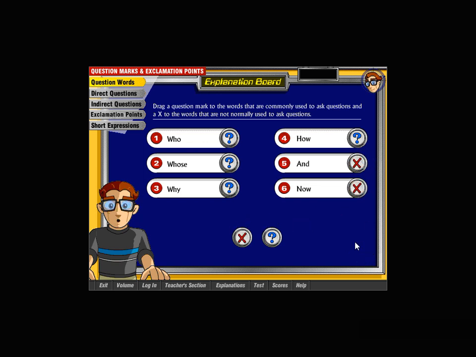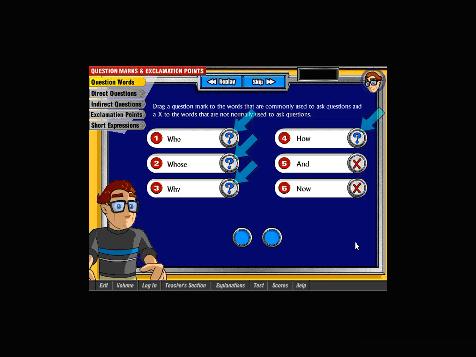Yes, well done, that's right. The words and now do not really introduce questions. They're called connectives, which join ideas. All the other words do ask questions and should be written with question marks after them.